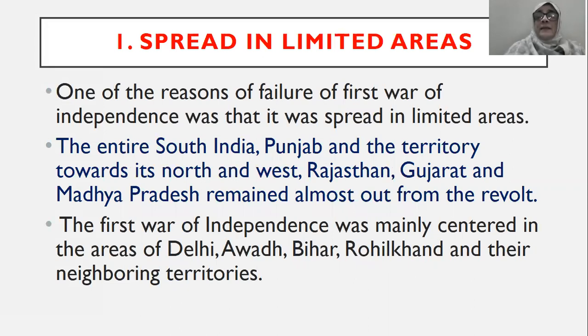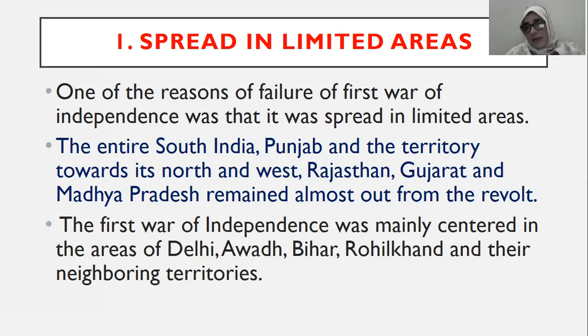Okay, one of the important reasons for the failure of the War of Independence was that it started in limited areas. It was not widespread. Everyone was not involved in fighting this war.